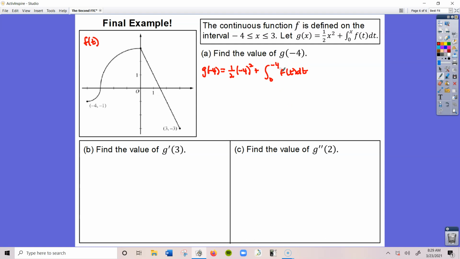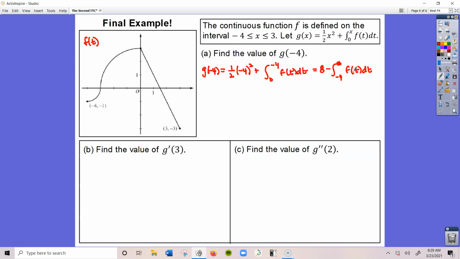Now, of course, my limits of integration are backwards, so I'm going to flip that. So here we have 1/2 of 16, which is 8. Instead of plus, I'm going to put minus because I'm going to flip those limits. So it's from -4 to 0 of f of t dt.